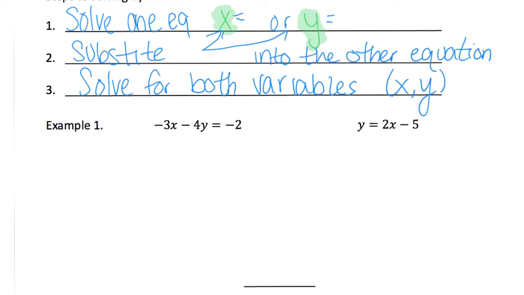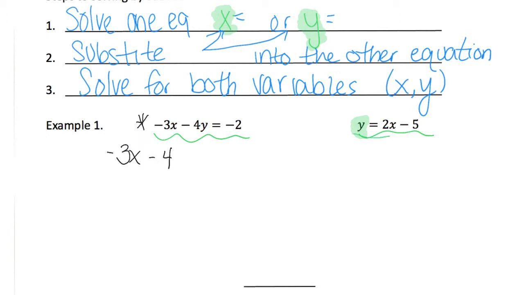So our step 1 was to solve and get either x alone or y alone. When I look at these 2 equations, I see that I already have y alone. So I already have my first step done. So I'm going to rewrite this other equation, and I'm going to write negative 3x minus 4.